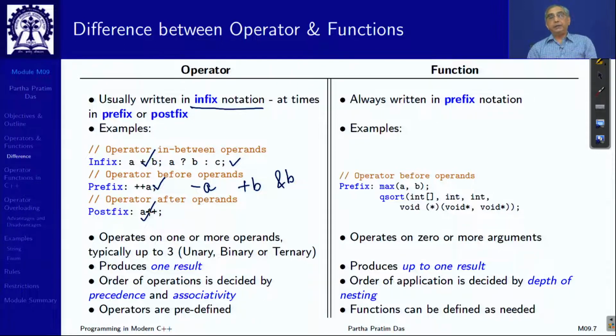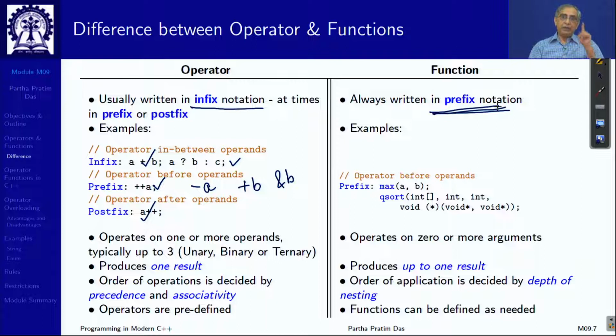So, in C++ operators, typically you have up to 3 operands. There is one ternary operator, otherwise everything is 1 or 2. It always produces typically 1 result. That is what we have. Now, if you look at a function, the main factor is that a function is always in the prefix notation.